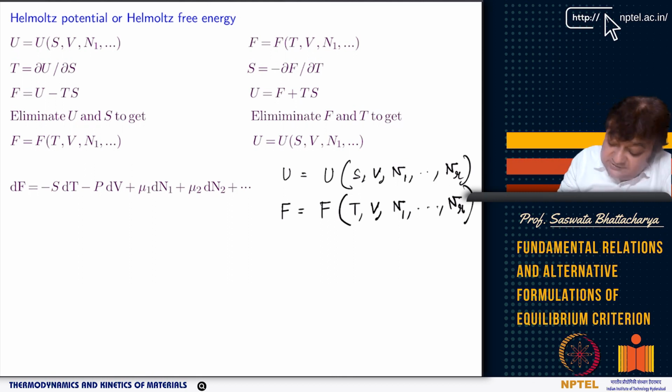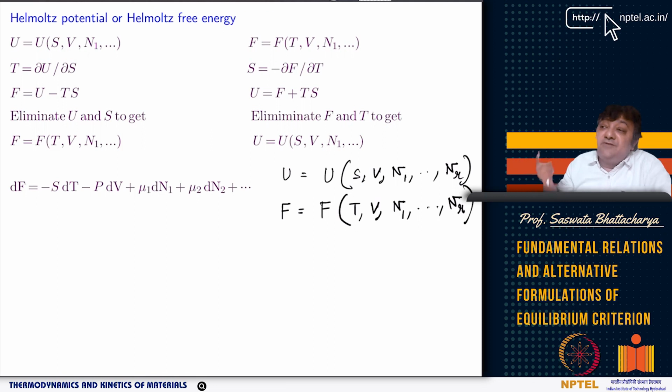So, now if that is so, we can write dF. Why have I done this? It is to make you understand that since this conjugate relationship exists, we can use this Legendre transform, where we replace U as a function of S by F as a function of T. There is a big advantage here.